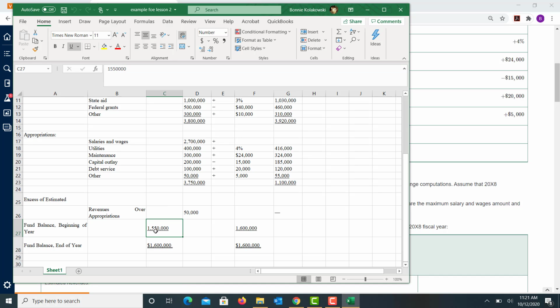So that added to your beginning balance. Now you want the ending balance to be the 1.6 million. So based upon what I just showed you, the revenue minus expenses, what do you think you need to do to come up with this salary information?